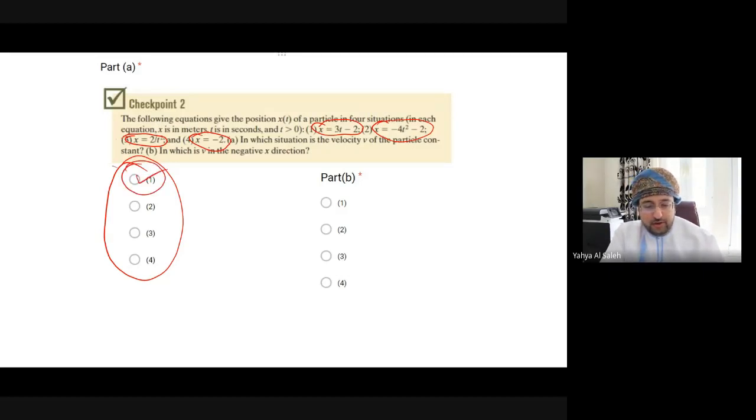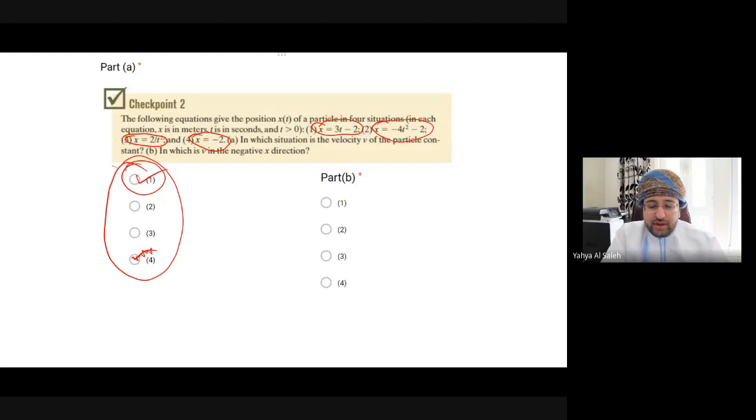And the derivative of number 4 will give us 0, which technically is correct, but if my velocity is equal to 0, it means I'm not really moving. So it's not really a constant velocity. It is just 0 velocity. I'm not moving. I don't have any velocity at all. So the correct answer is 1.